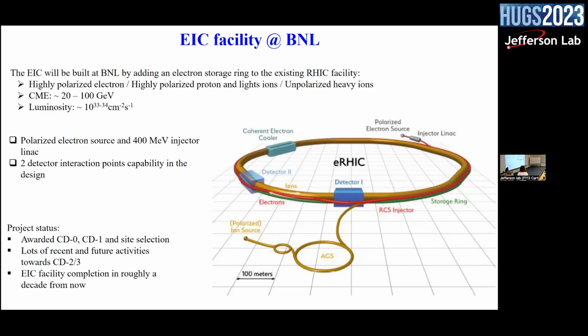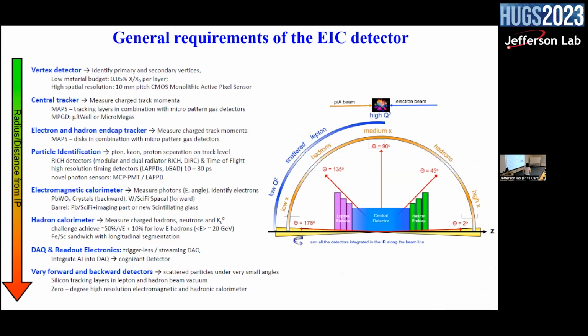So there have been already critical decisions 0 and 1, which basically are further levels of approval to give more certainty that the project is going to happen. And the site has been chosen. There are a lot of activities ongoing. There has been a white paper, and the detector was finally decided. And the facility completion, as I said, is in roughly 10 years from now.